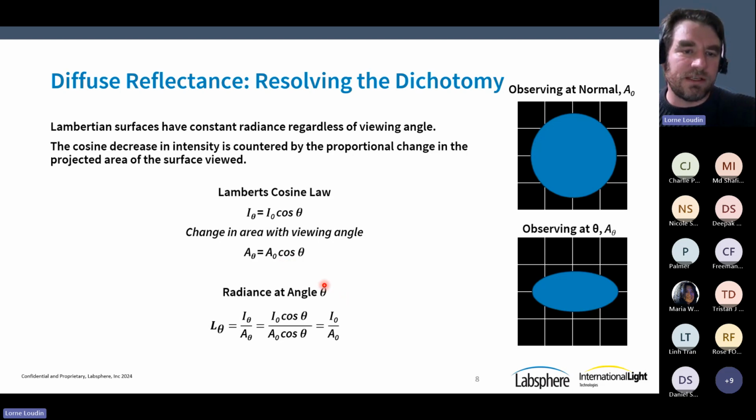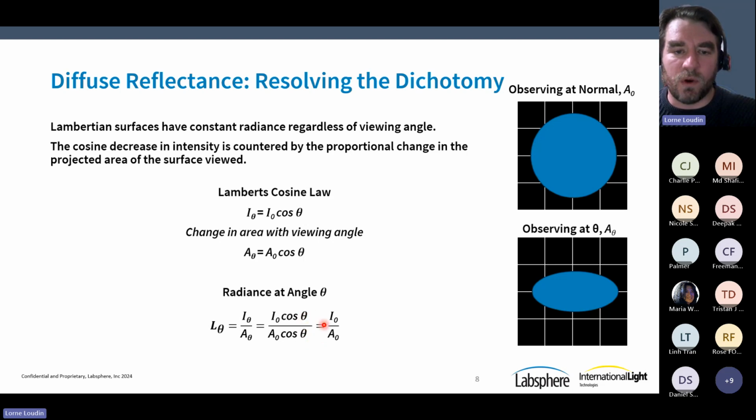And so what's nice about that is we can state that quite simply down here. We have that the radiance at some angle of theta is equal to the intensity at that angle divided by the area at that angle. We can break that out to look like the intensity at the normal times the cosine of theta divided by the area at normal times the cosine of theta.